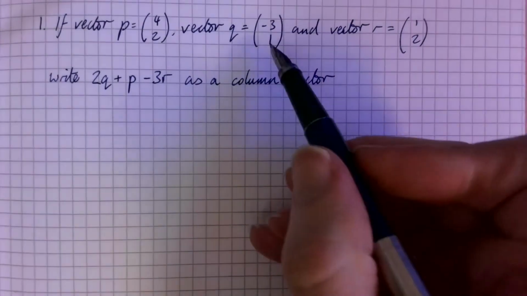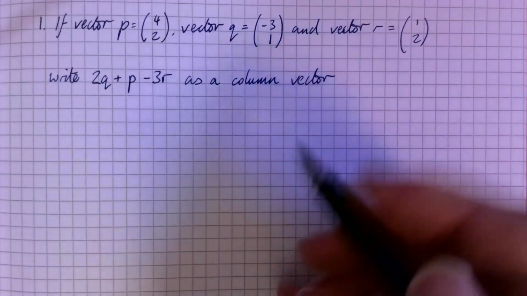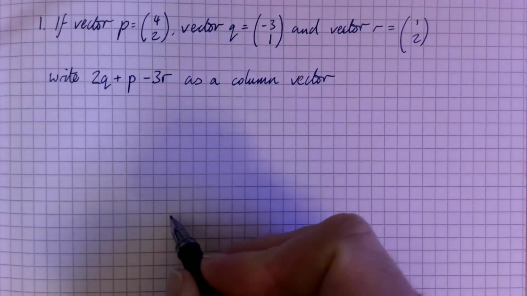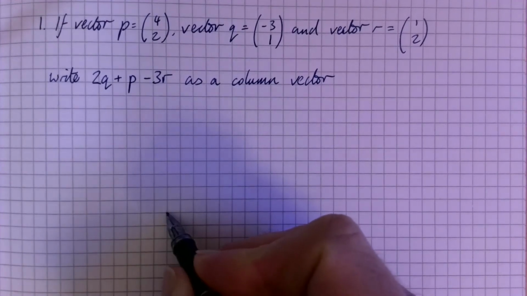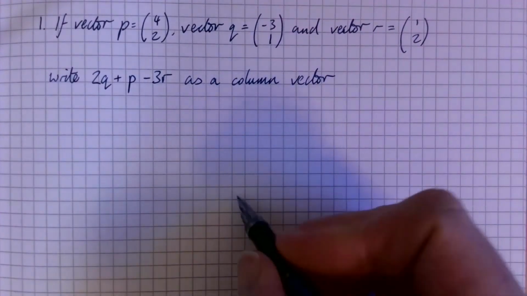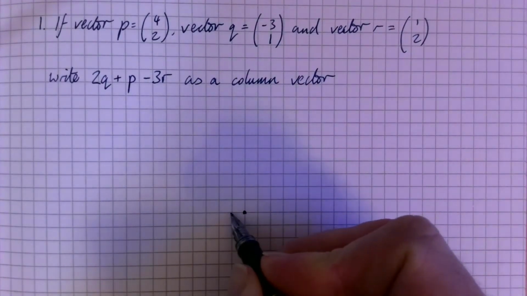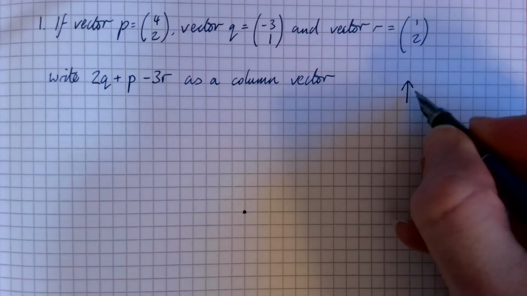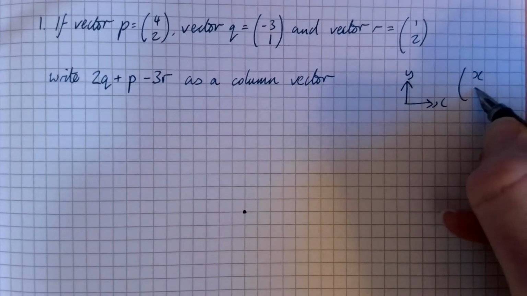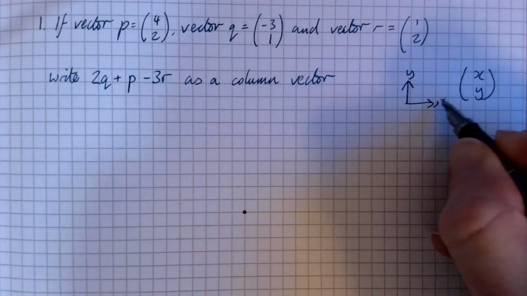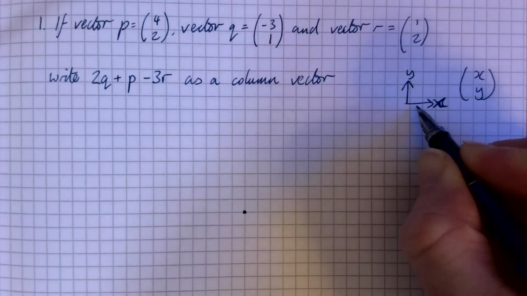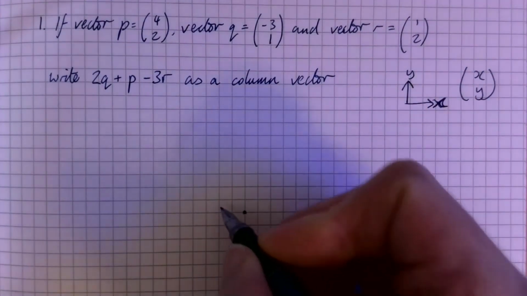Right, so if I am going to draw this out, 2q, I'm going to do q first. I'm going to start somewhere down in the middle here in case it goes somewhere that I'm not sure where I'm going to be. If I start there, q would be -3, which is 3 to the left, because remember the column vector is along the corridor and then up the stairs, and the arrow on a coordinate grid sheet tells us that to the right is positive.